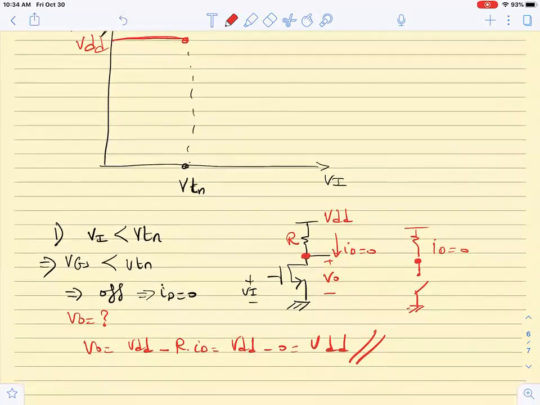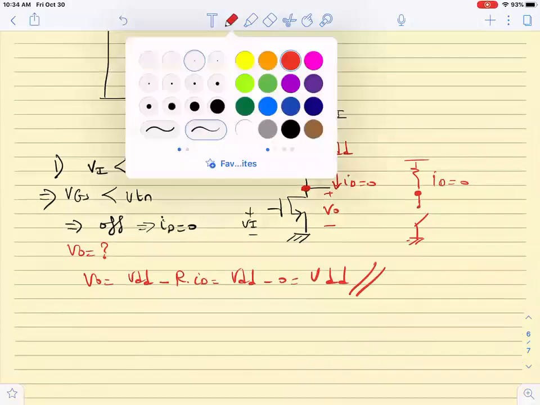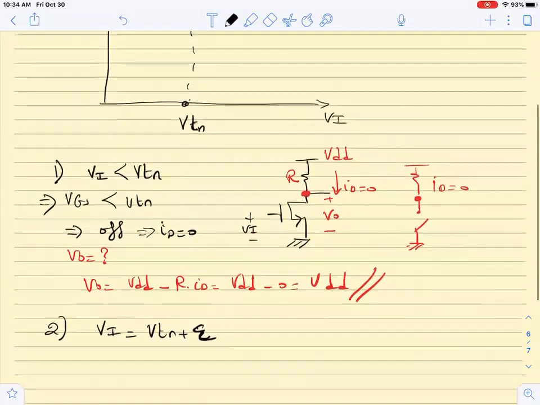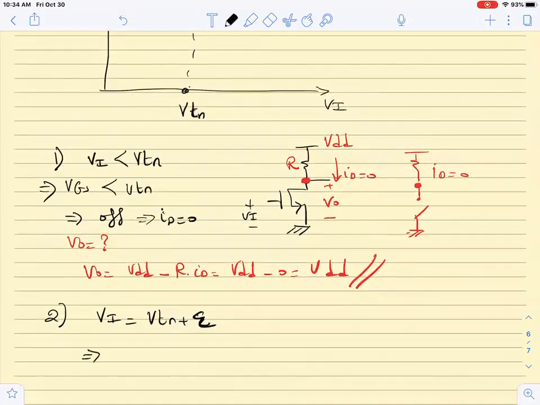Great. Now the second region that I am going to look at is when Vn is equal to Vtn plus epsilon, meaning I started to increase slightly and the voltage is increasing. So this means that VGS is greater than VT, right? And VOV is equal to VGS minus VT, which is VN minus VT, which is epsilon, something very small.